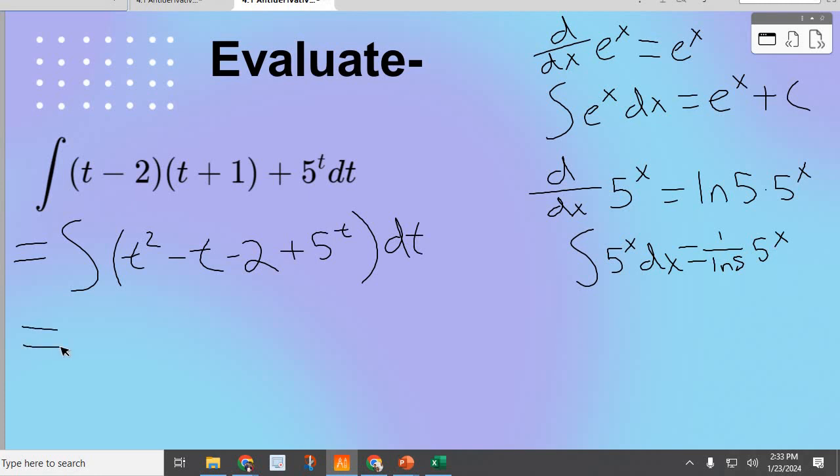So, on our first one, I add 1 to my exponent, and what do we get? Okay, so then I'm going to divide by 3. So I get 1/3 t cubed. What do we get on our second one? Yep, it is going to be negative. And then what about our minus 2?